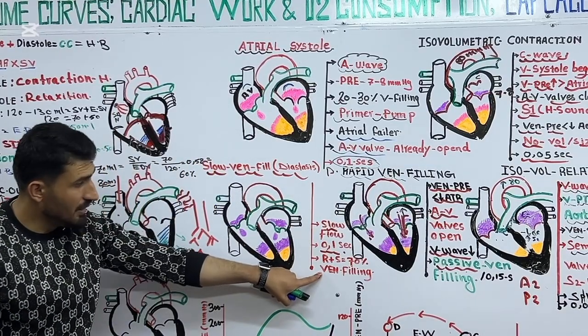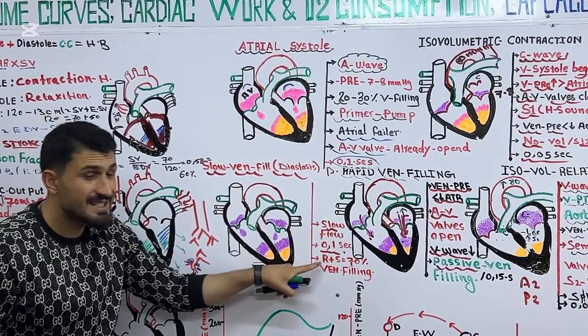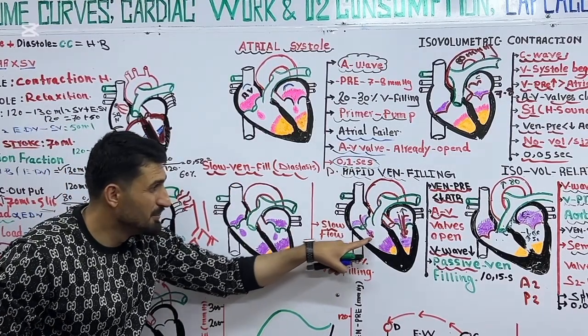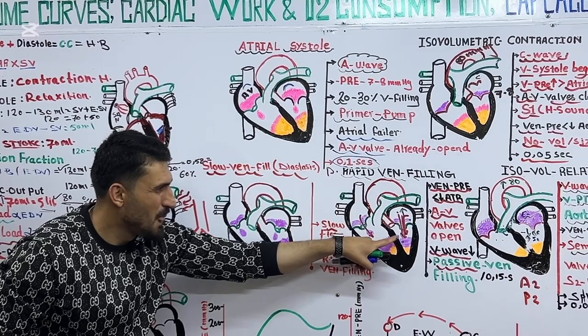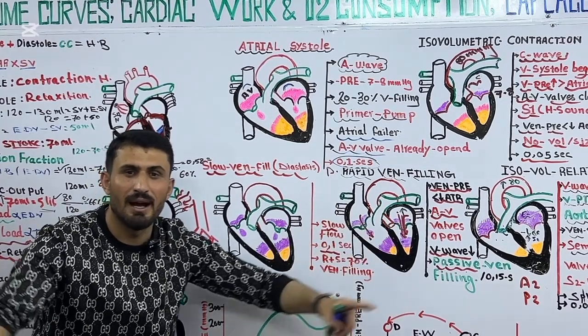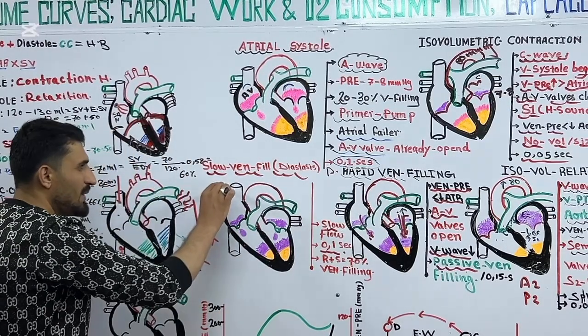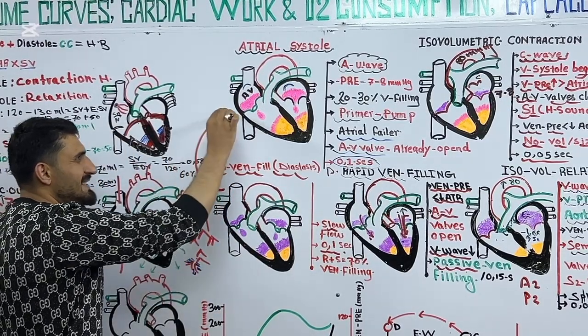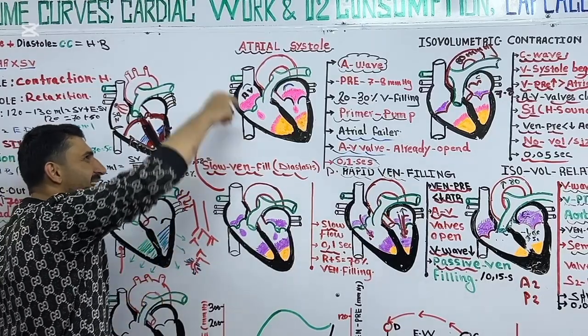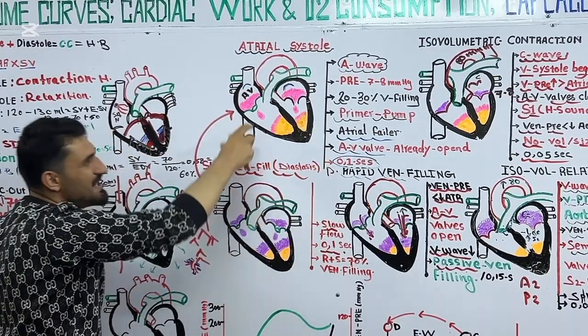Now in this rapid phase plus slow phase, around 70% of blood is pushed from the atria to the ventricles automatically and passively. Got it? That's why when we enter the next cycle, the SA node fires again, and the cycle is repeated from the first.